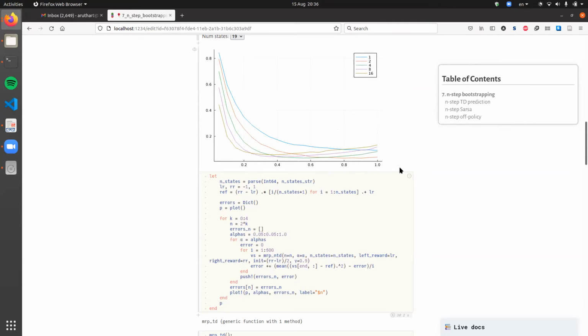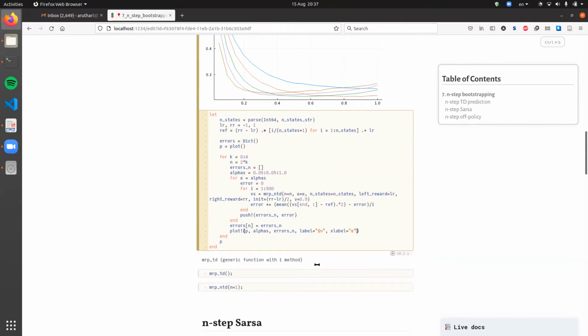So this is alpha here, the x-axis. You can see that in this case, n of 2 with high alpha performs reasonably well, and n of 4 with moderate alpha performs well. Yeah, that's something to play around with.